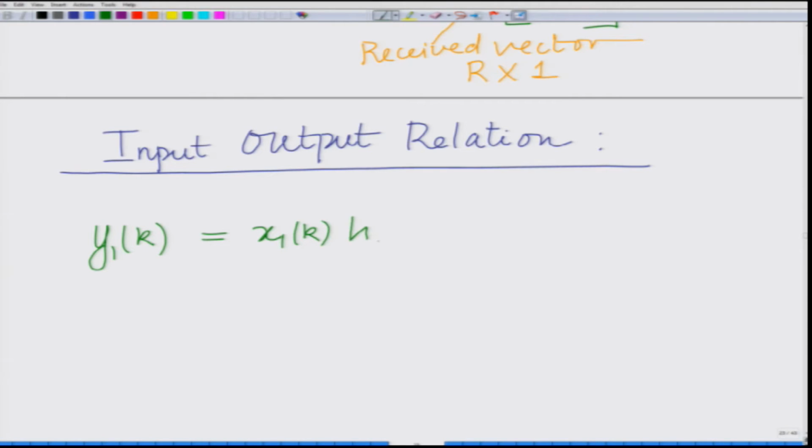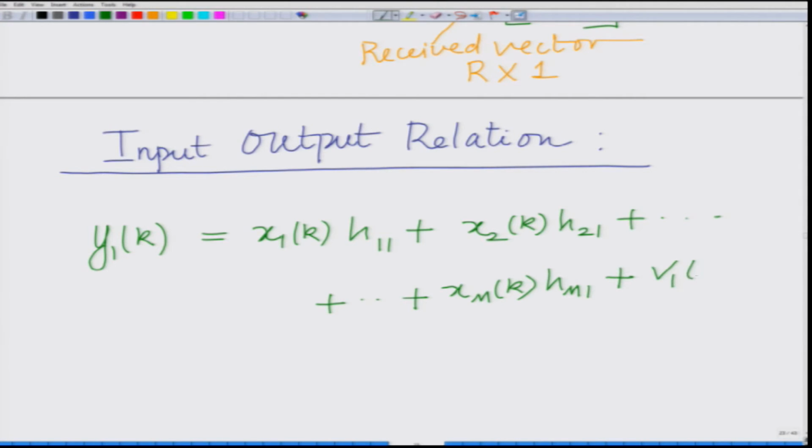x1 k h11 plus x2 k h21 plus so on, x m k h m1 plus v1 k, correct. And what is y1 k?